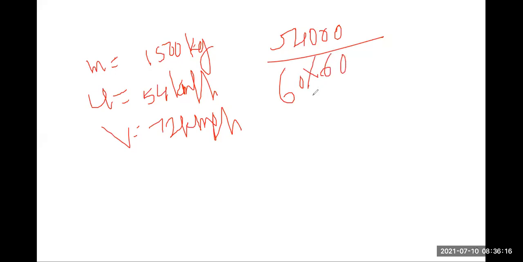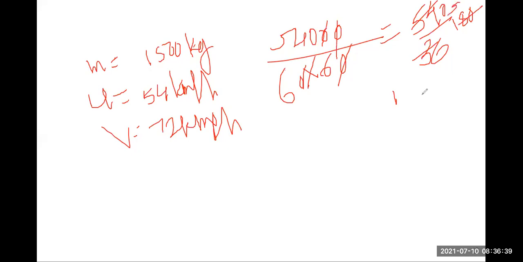Getting it? Then this 0 cancels, this 0 cancels, this 0 cancels. Then 540 divided by 36. We are converting into meter per second, remember. 36 on the 36, remain 18. Here 180 will be there, and then 36 5 are 180. So you got the initial velocity of the car in meter per second.